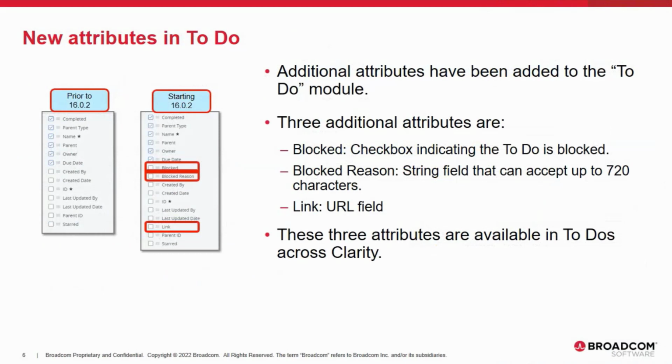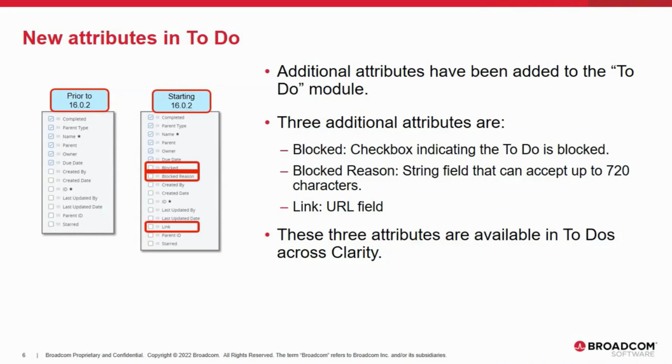As part of this release, we are also enhancing the to-do to add additional attributes. There are 3 new attributes that will be available throughout the Clarity wherever to-dos are either previously already available as well as in the new parts where to-do is going to be made available.